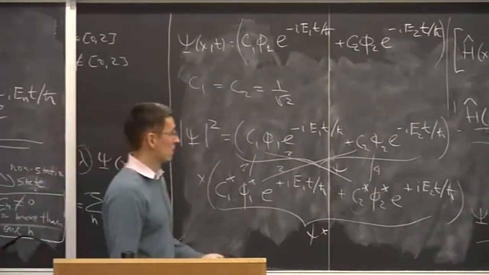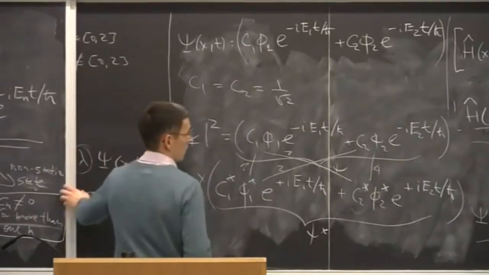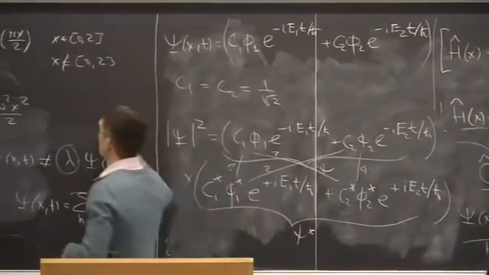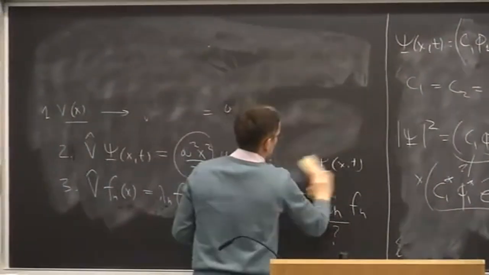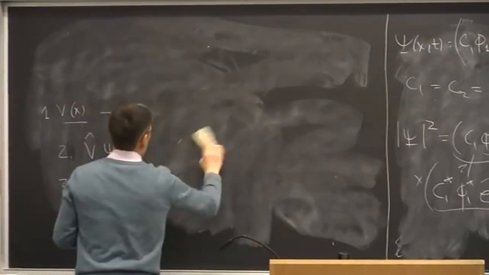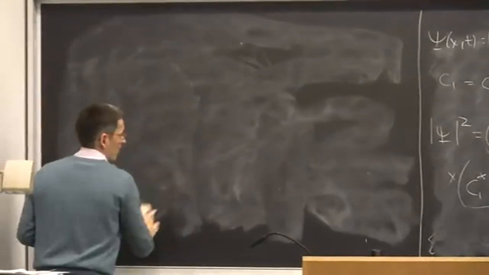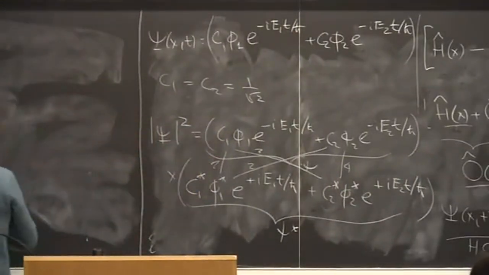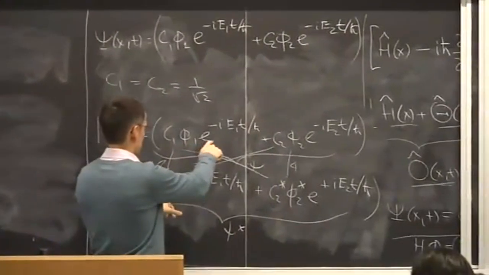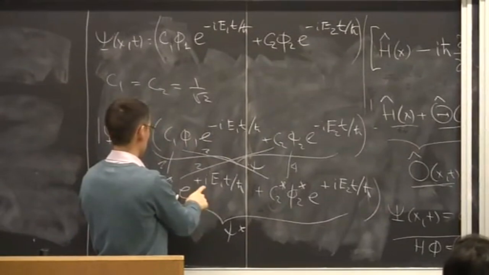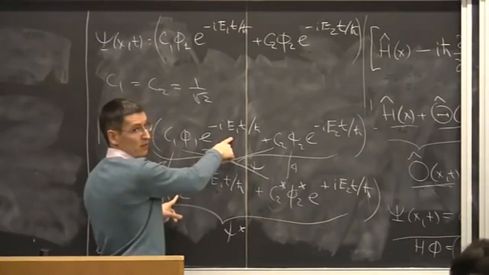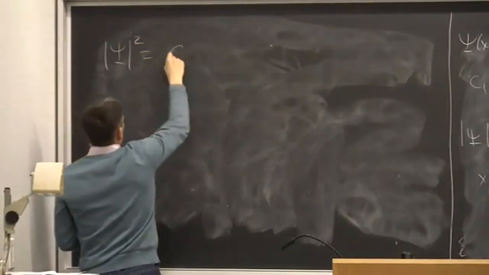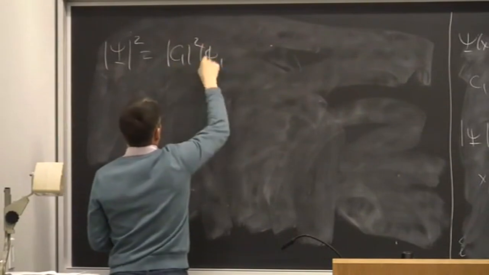So let's make all these products. The first product will be timeless because the exponent here will be positive i E1 and here negative i E1, so they will cancel out, and this will have C1 square, phi 1 square.